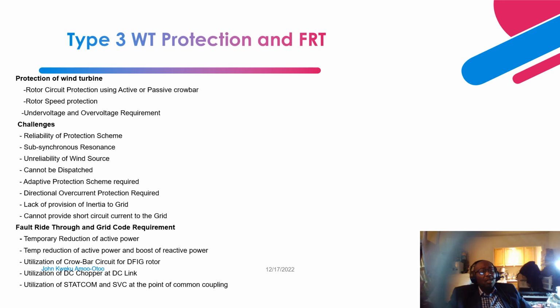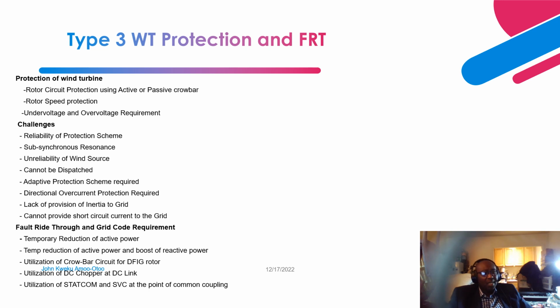Okay. Next is, with wind farms, you can have an island location, and you can also have it connected to the grid, right? So when it is connected to the grid, and there's a fault on the grid, the fault current that flows is about 5 to 14 times the nominal current.